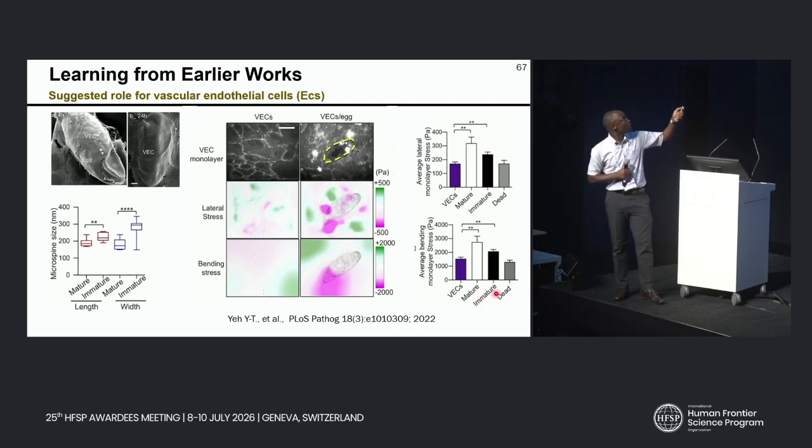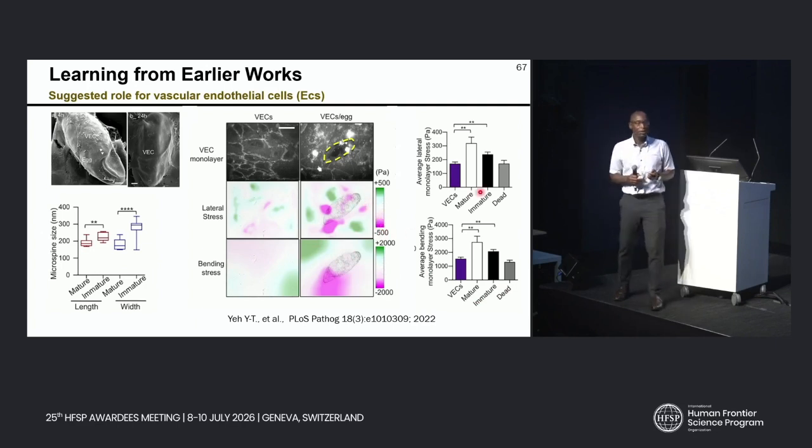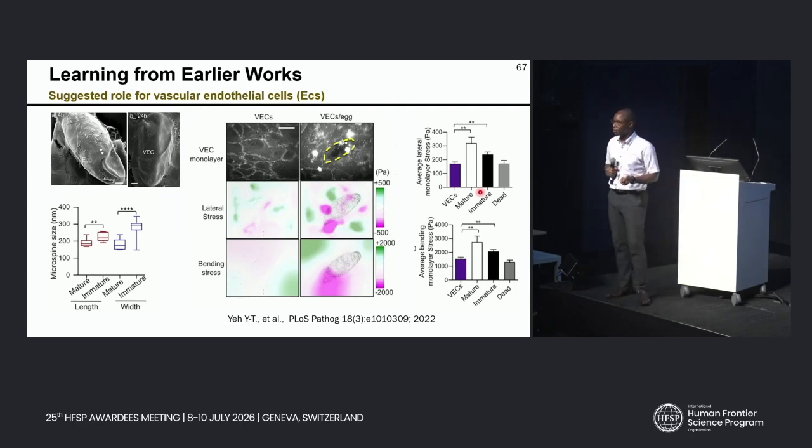And what they found is that actually there's a bit of polarity. If you look at this, you will see there are compressive forces, and also some tensile forces, so there's a bit of polarity in the force vector around an egg.